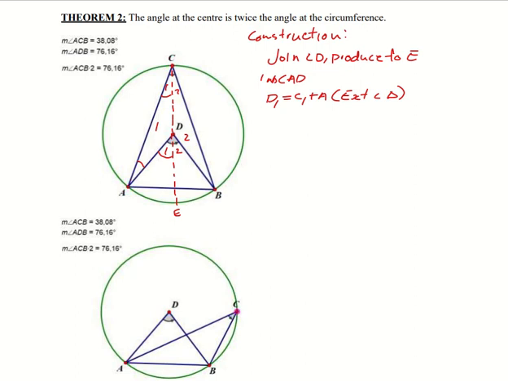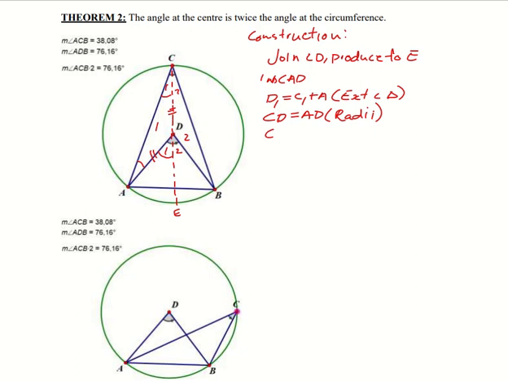Also, CD is equal to AD, and that's because both of them are radii. It means that C1 and A are equal, because they are angles opposite equal sides.